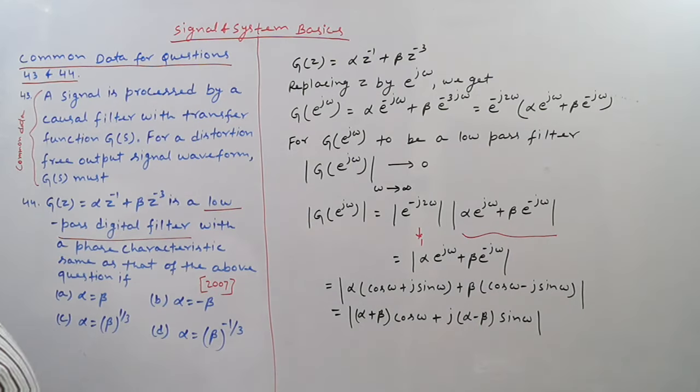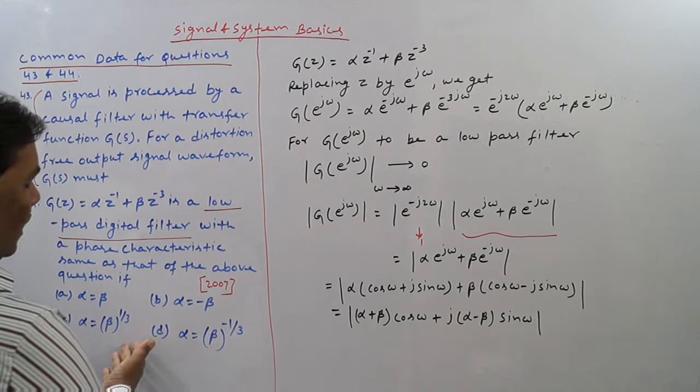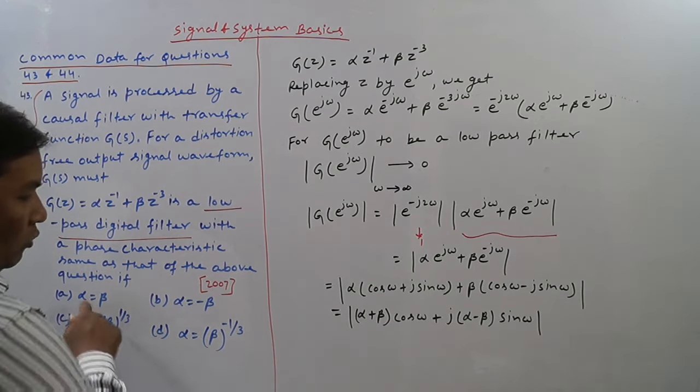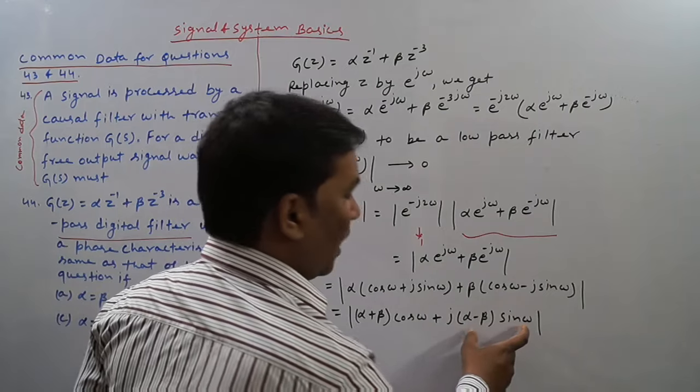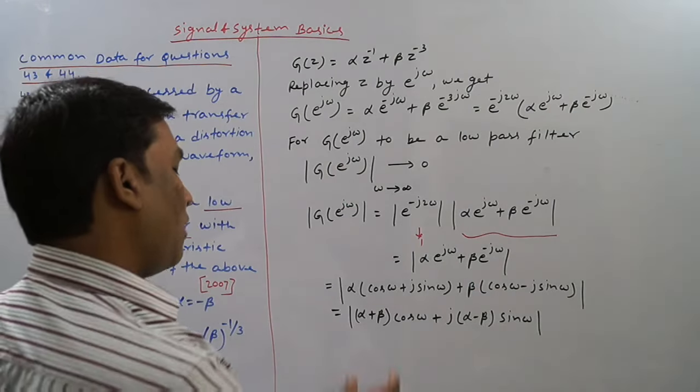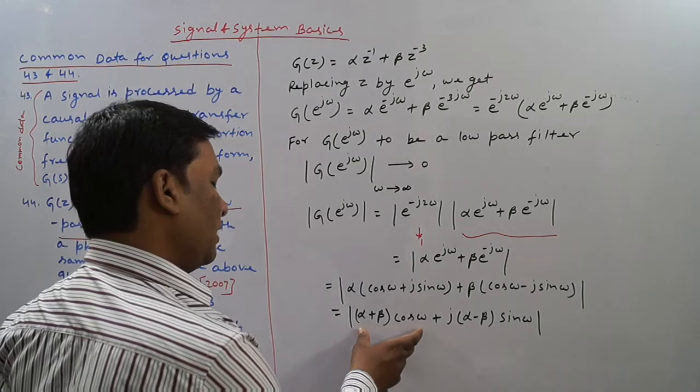For other alternatives that also applies. So if alpha is equal to beta, then only this part will vanish, and we are only left with this part.